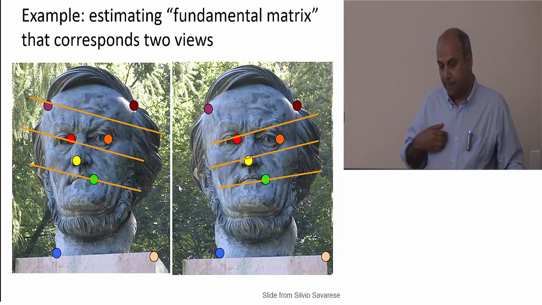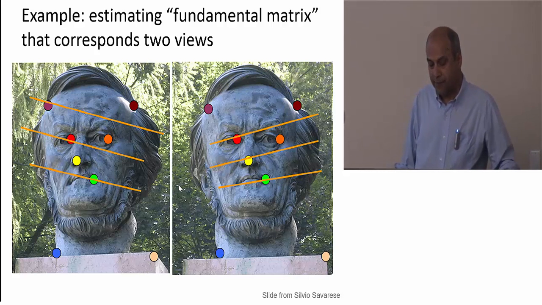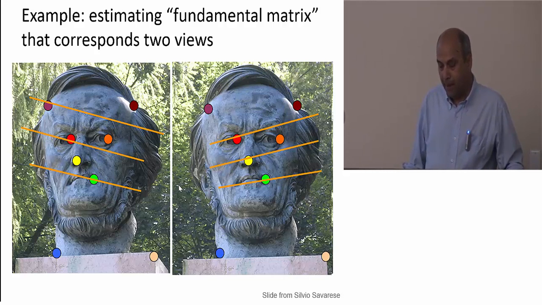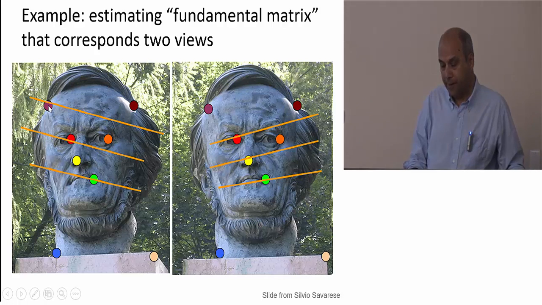So here's another example of two views of the same object, which is the face of a person, and these are the points which we want to be able to detect automatically.